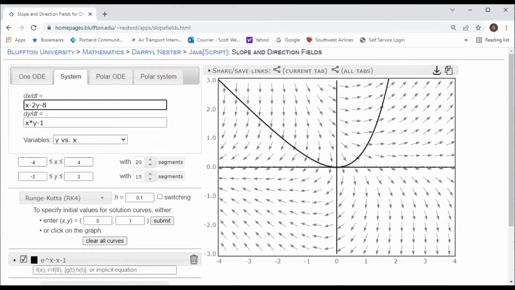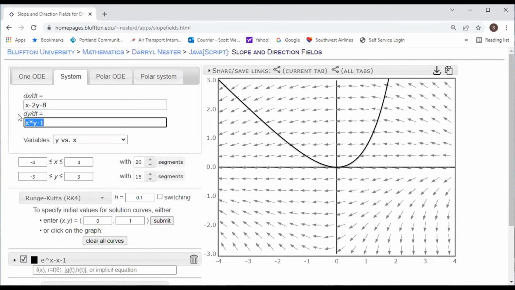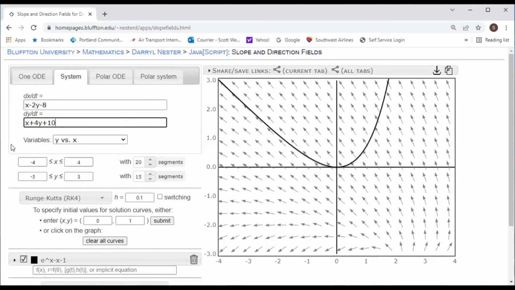And then x plus 4y plus 10 for the second one. We will get rid of this, which doesn't have any relevance to us.